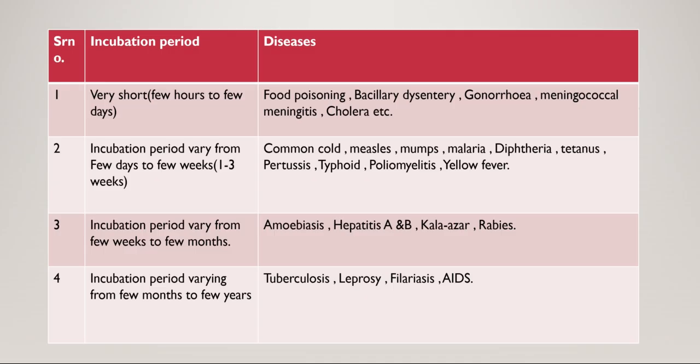Third is incubation period varying from few weeks to few months, as in amoebiasis, hepatitis A and B, Kala Azar and rabies. Incubation period varying from few months to few years is seen in tuberculosis, leprosy, filariasis, AIDS.